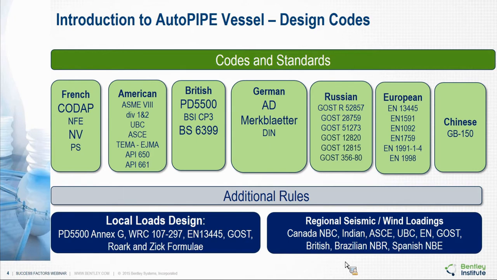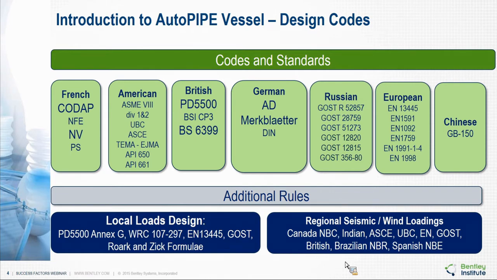British PD 5500 code is supported, BSI CP3, BS 6399, German code AD Merkblätter and DIN are offered. Russian code GOST R 52857, GOST 28759, and various other GOST codes are offered. You can design in accordance with European EN standards EN 13445, EN 1591, EN 1092, EN 1759, as well as EN 1991 and EN 1998.